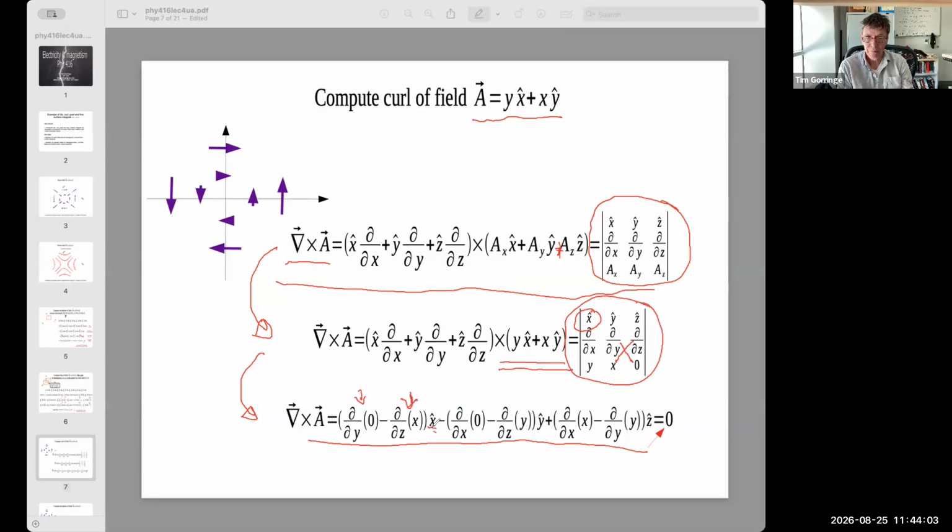So that's the x component. It will also have a y component, which is here in my little expression, and is going to be the difference between this pair, this is getting a real mess, and this pair over here. So the partial differential with respect to x of 0 and the partial differential with respect to z of y. And so that's what you see as these two coefficients here in my determinant.